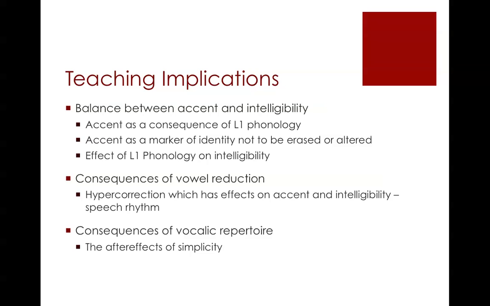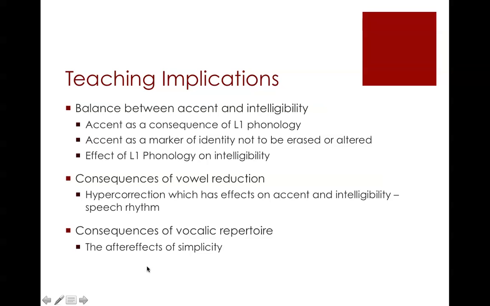And the consequences of vocalic repertoire have to do with the notion of interlanguage, since these are sounds that do not exist for the Colombian Spanish learner. He or she tends to take the closest sounds of his or her L1 phonology into their interlanguage, and that also can have a series of effects upon intelligibility.